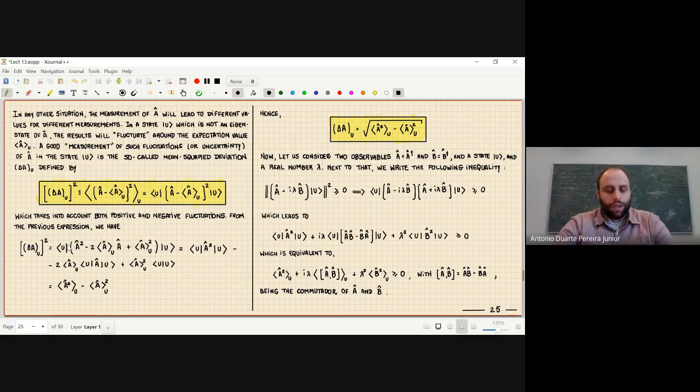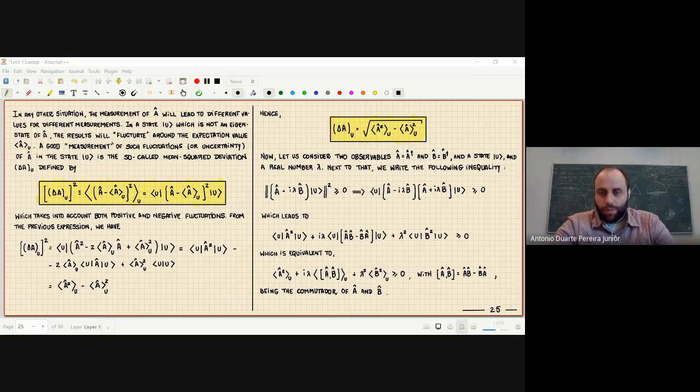Okay? So I have this quantity here, which is not trivial, right? The value that you measure is not the same as the expectation value, so you should not expect this to be zero. I think there was a question about that in the chat.